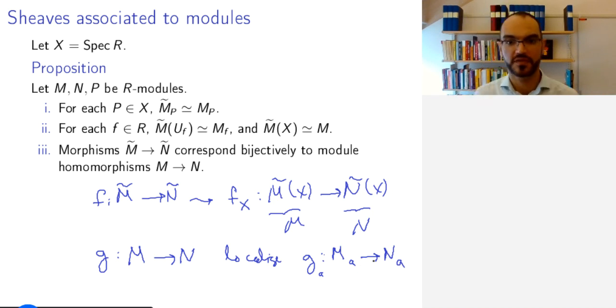And gluing together from the principal open subsets U_a, I get something defined everywhere. And these two constructions are inverse to each other.